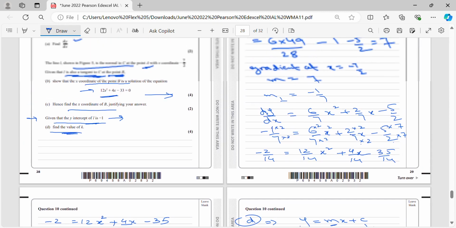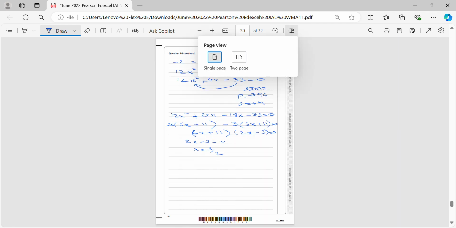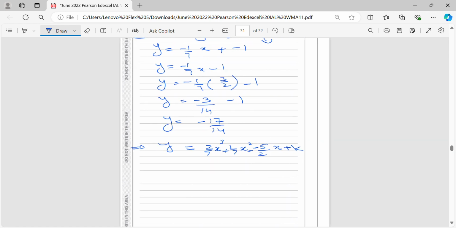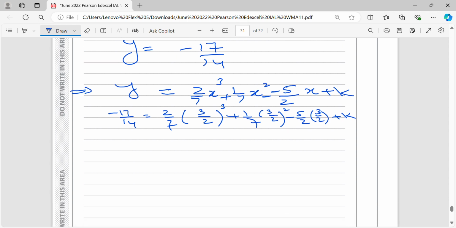This is the equation of the curve. So I am going to replace x and y. y we just got is minus 17 over 14 and x is 3 over 2. Use your calculator here.